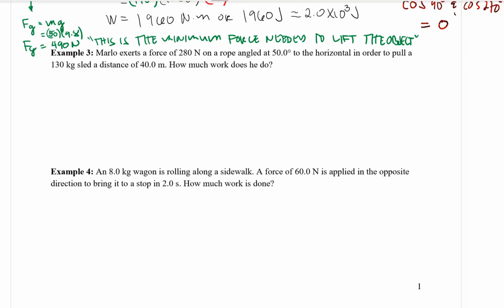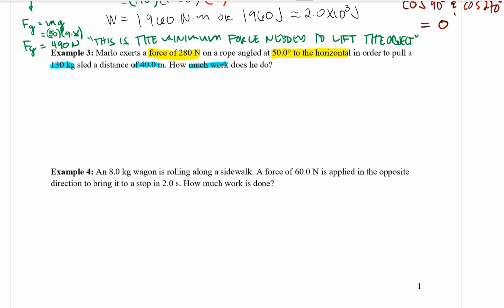Let's take note that he's exerting a force, however, it is angled to the horizontal at 50 degrees, and the mass is 130 kilograms with a distance of 40 meters. So how much work does he do?